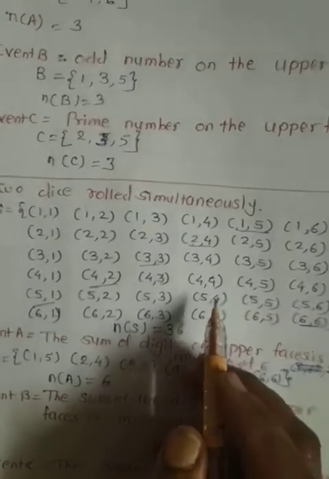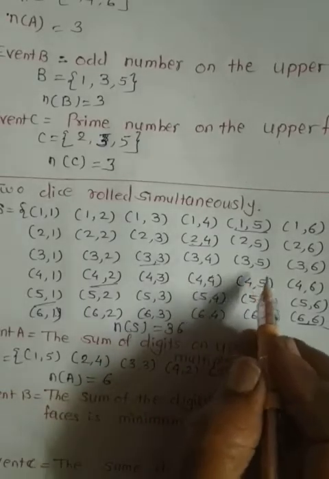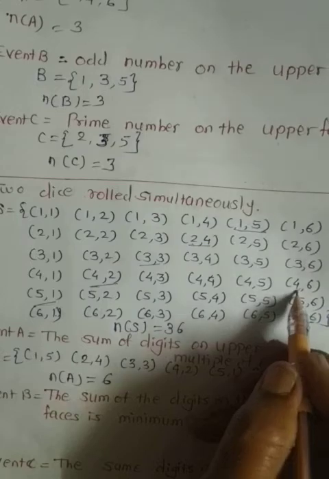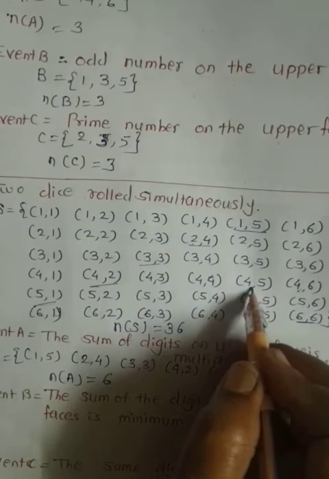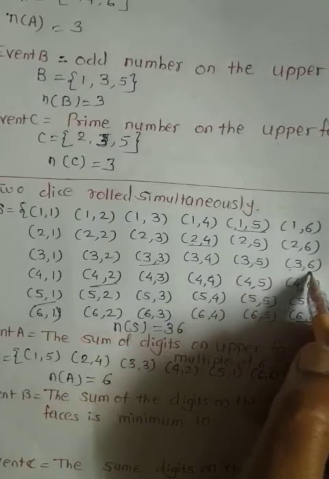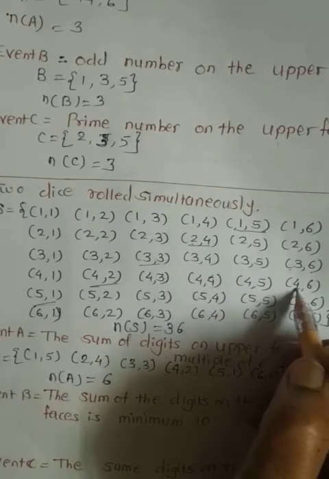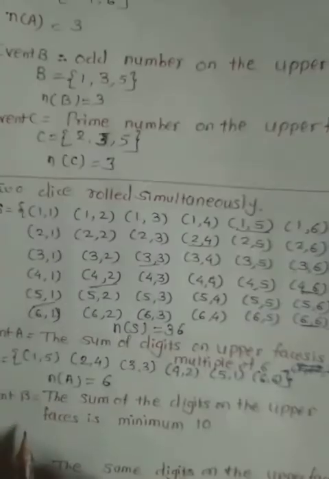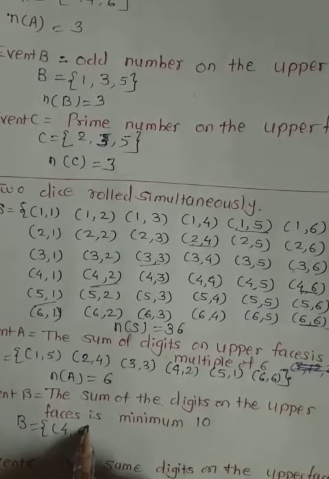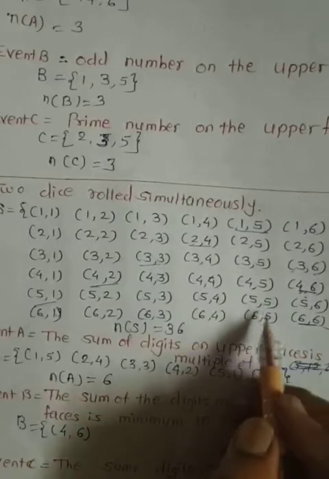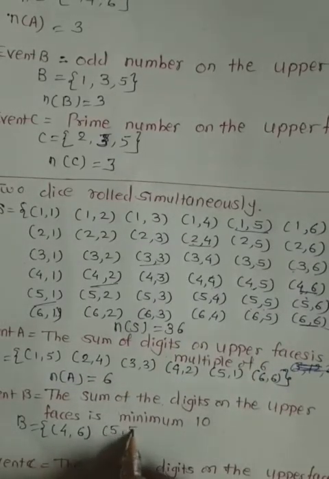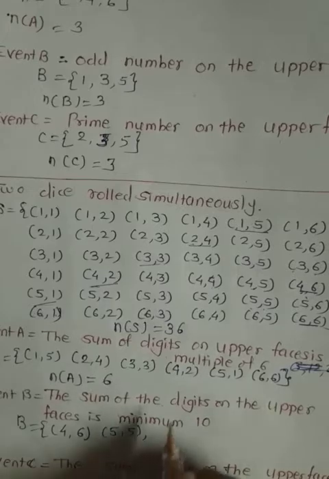Minimum 10 means we have to start directly from 4,6, because up to this the sum is 9. 4,4 is 8, here 3,6 is 9. So we take the first pair as 4,6, and we write event B as 4,6. The second pair will be 5,5, because other numbers are less than 10.